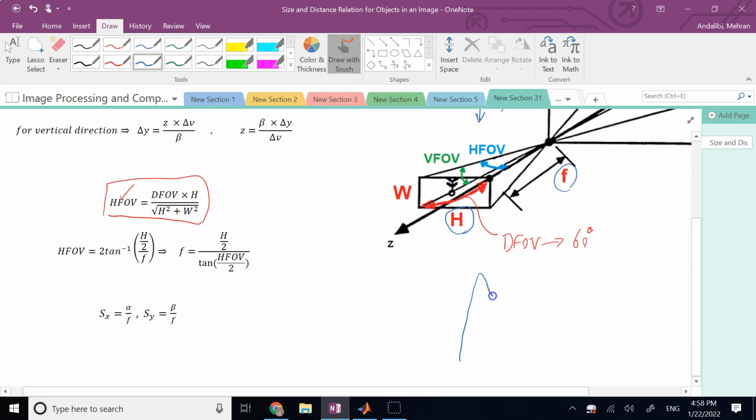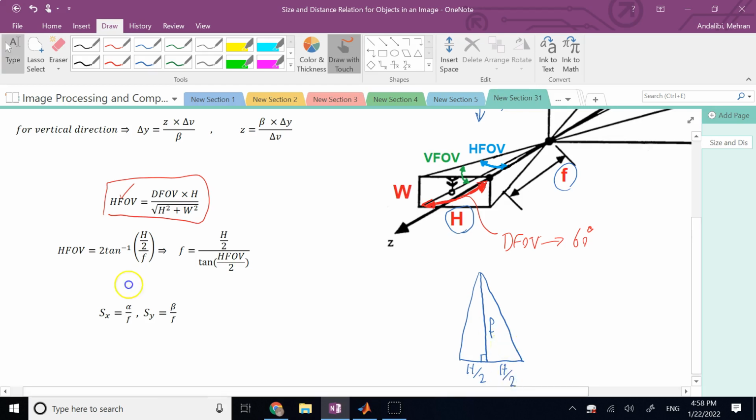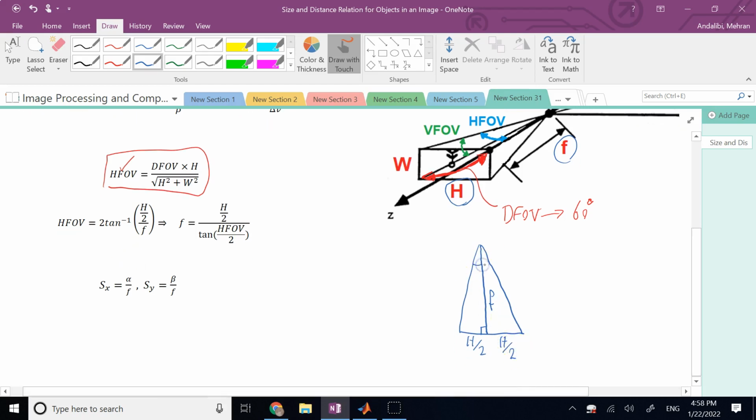You see a triangle like this, where this perpendicular is F, and then each one of these two segments is H over 2, right? And each one of these angles is HFOV, horizontal field of view, divided by 2. Because the whole thing is the horizontal field of view.